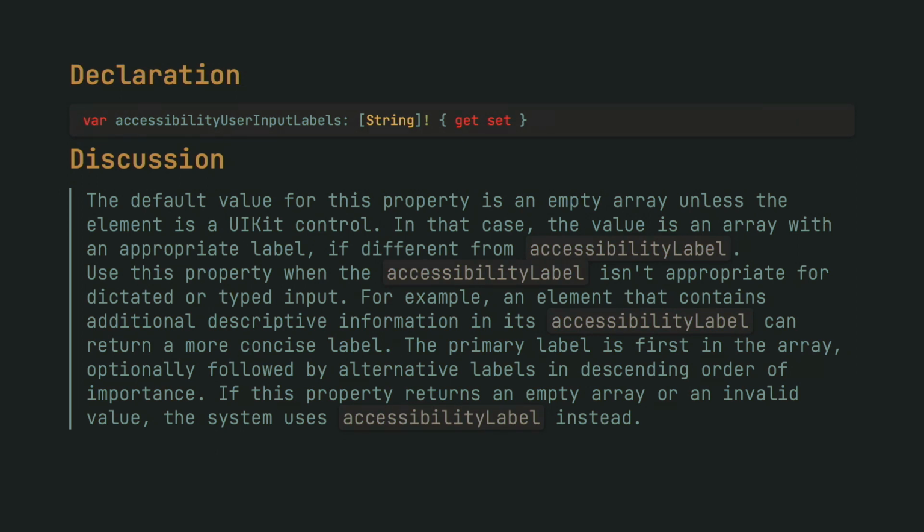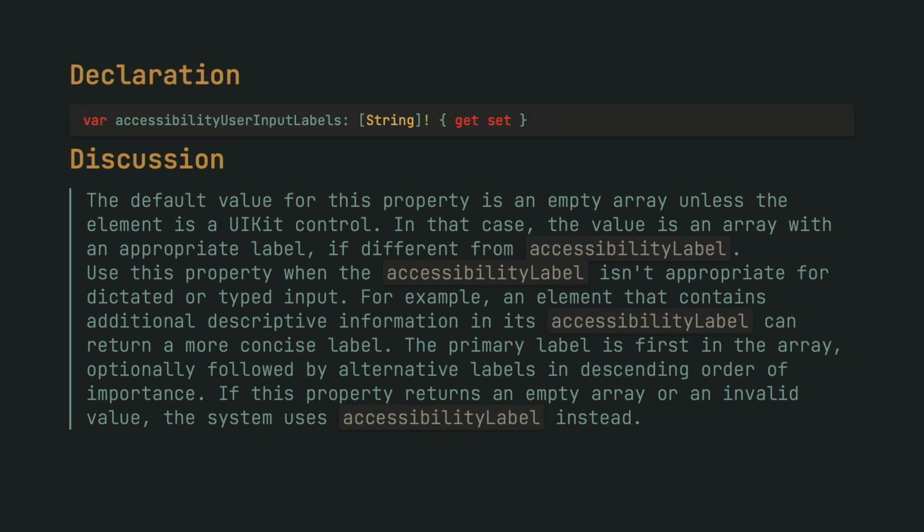Furthermore, and this may not be clear at first glance, there's a bit of tension in the requirements here. Voice Control, Apple's method of controlling your devices using your voice, wants short, unique labels. The first of these labels is displayed on screen if you tell your device to show names with Voice Control active. Full Keyboard Access, which is another one of Apple's assistive technologies, has a pretty self-explanatory name, and arguably wants whatever the visual label is, or a descriptive name in lieu of text, if there's an icon.